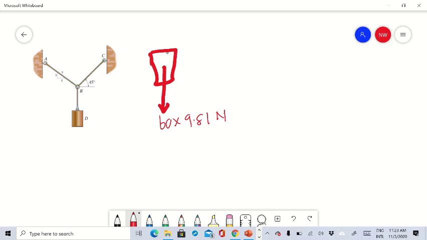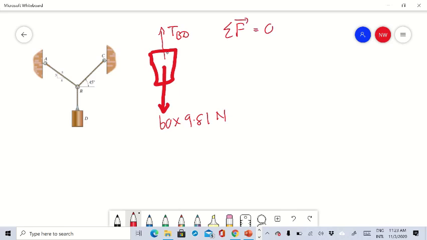For this cylinder to be in equilibrium, there is another force in this direction due to the BD cable. We know the direction, it is along the cable, so I represent this as TBD, an unknown force. For the cylinder to be in equilibrium, sigma F should be equal to 0.